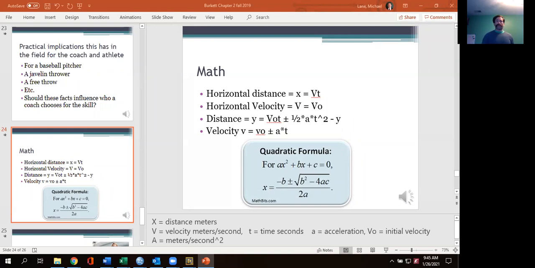So in this example, we're simply using the horizontal distance. Bingo, we've gone 50 meters. Okay, it's pretty straightforward, pretty easy, okay?